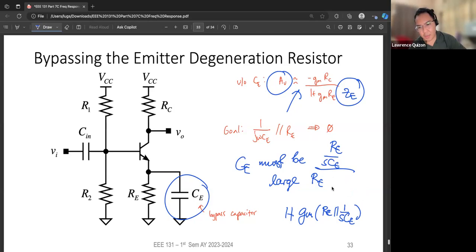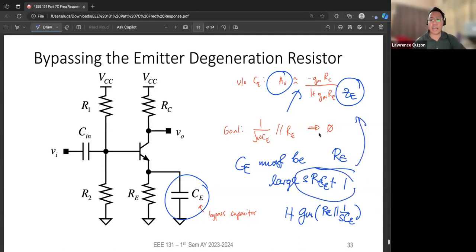This becomes SC RECE plus 1 tapos RE lang dito, no? All right. So for the gain, no, it should add a nasa baba to. So RE this becomes, okay, it adds a pole and a 0, no? If you do that later on.